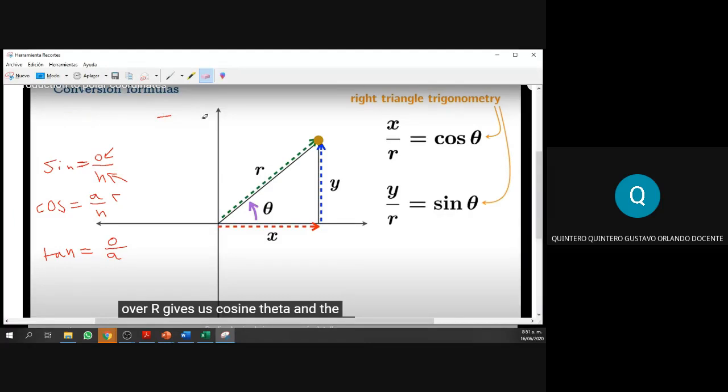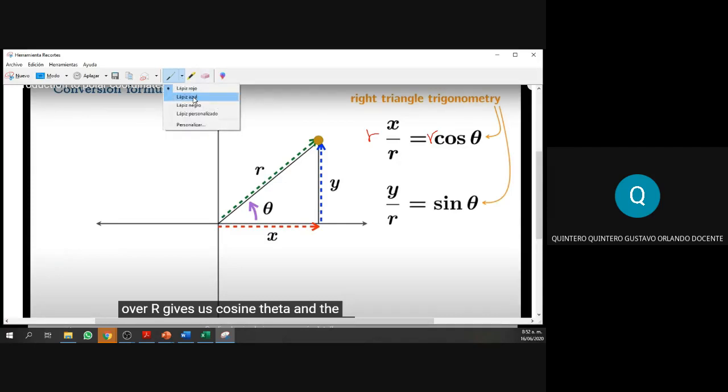Now, how can we use all of these formulas? Let me erase all of this. Pretty simple. Take a look. What any mathematician is going to do now is isolate the variables. If we multiply both sides of the equation by r, we can cancel the r's.